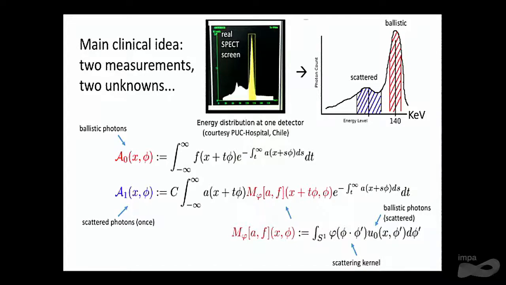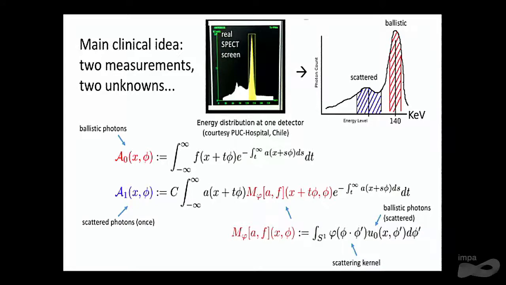This is the typical energy of the gamma rays that go directly to the camera. And then this is the typical energy of the scattered photons, that have collided once or twice. So you can separate both quantities, and then you have two measurements.